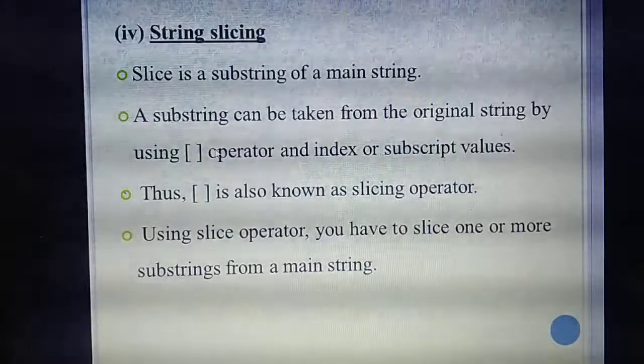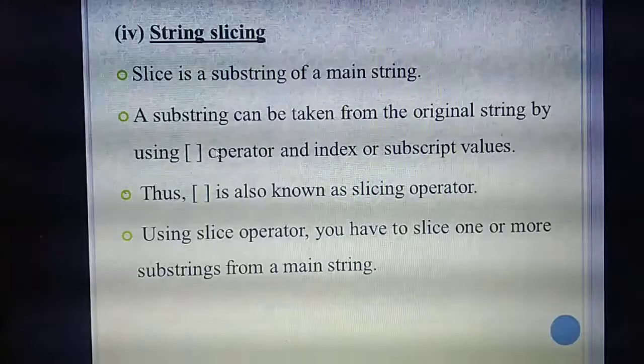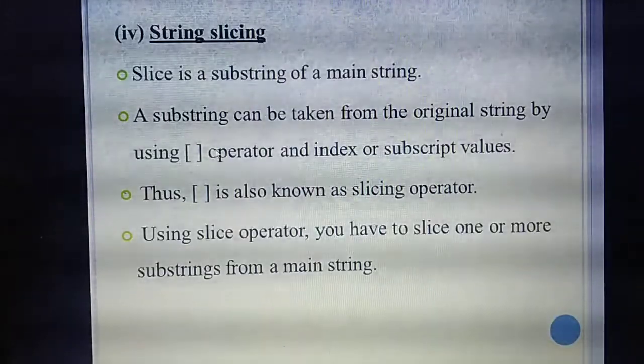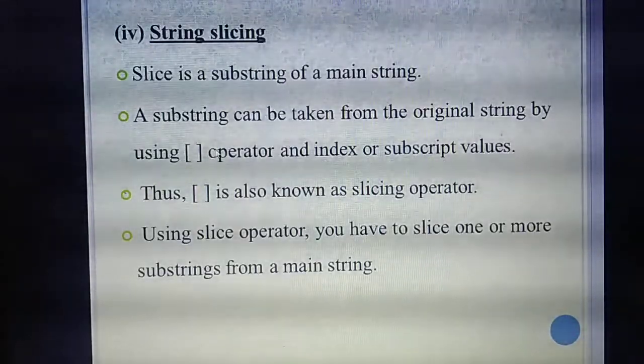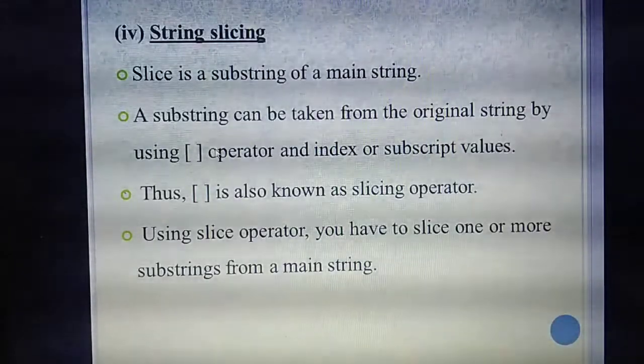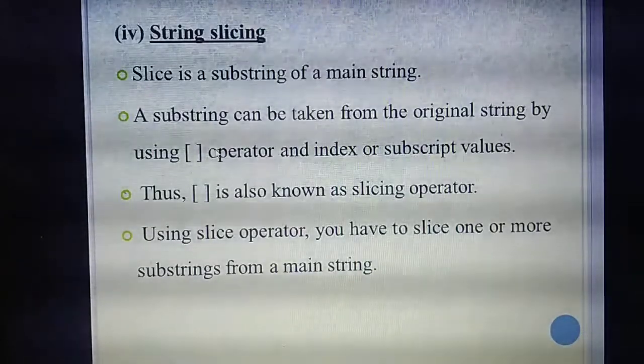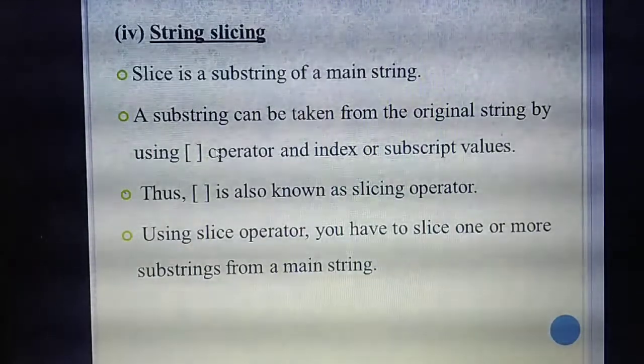The already given string is called the main string. Which operator is used? The slicing operator. Inside that operator, the brackets, you need to specify index or subscript values. Using this operator you can slice more strings from the main string.